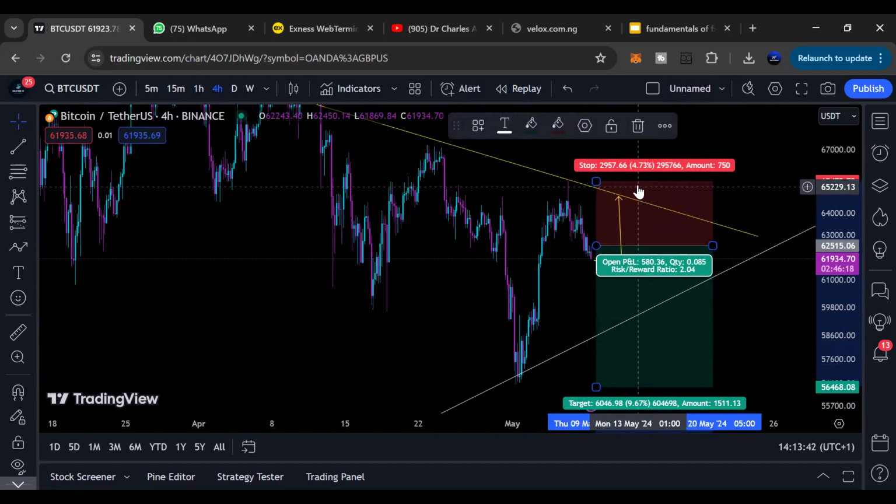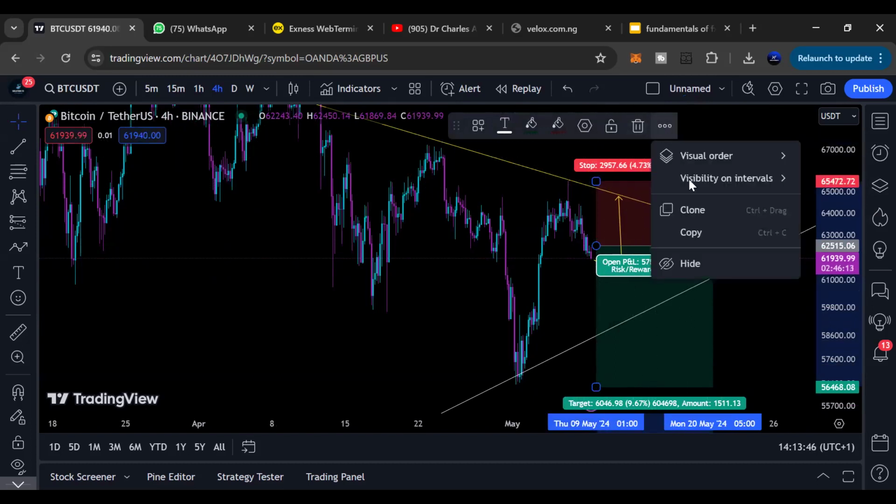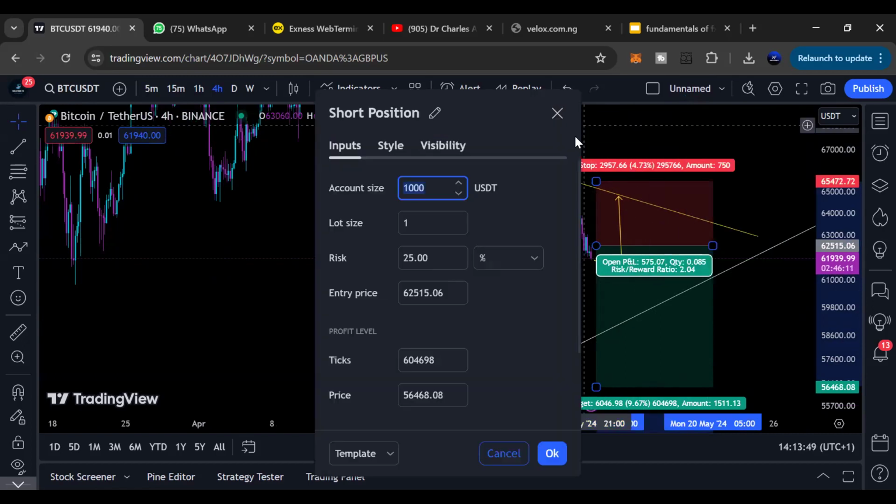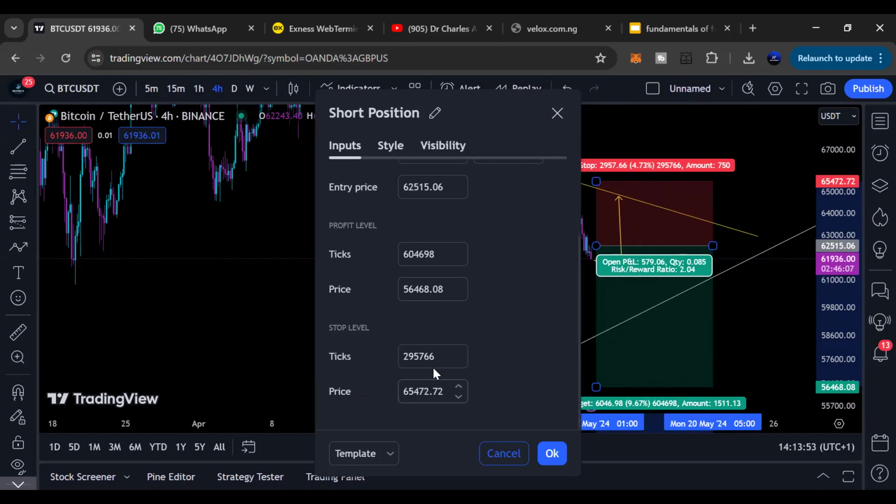Then to accurately get the value of your stop loss, we're going to select settings. That's the settings, the value, input, entry. We are interested in our stop level, which is the stop loss. Okay, so the value of our stop loss is 66,458.4.